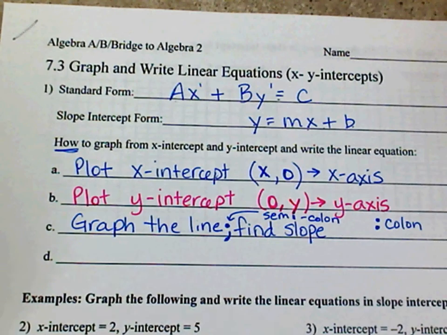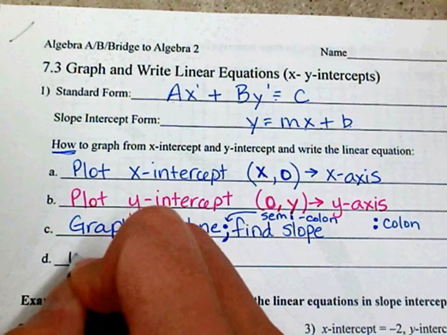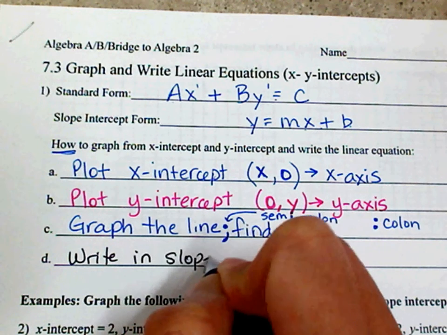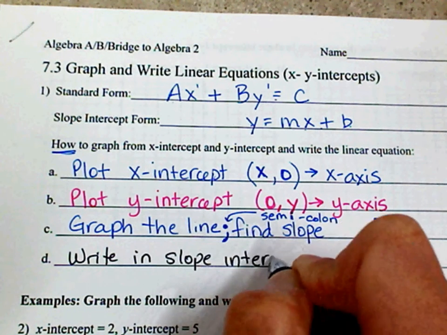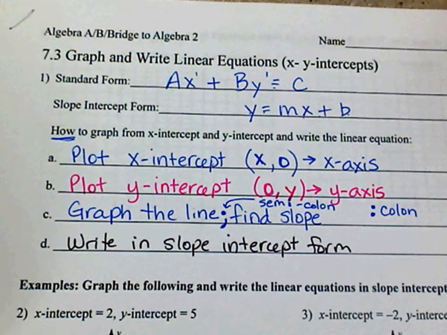All right, so graph the line, find the slope. Now, part D, write in slope-intercept form.